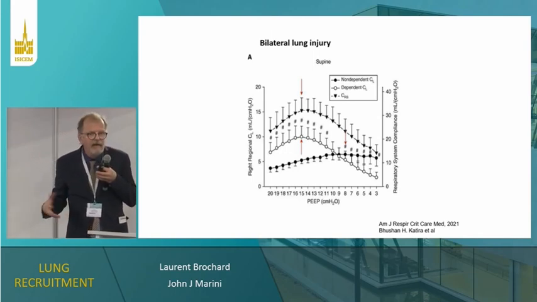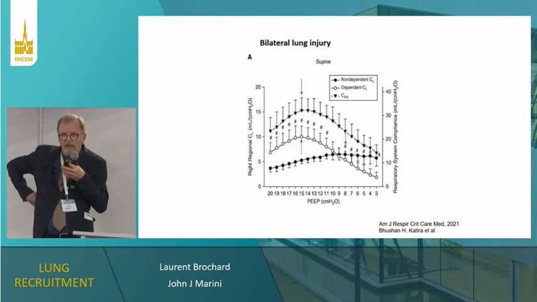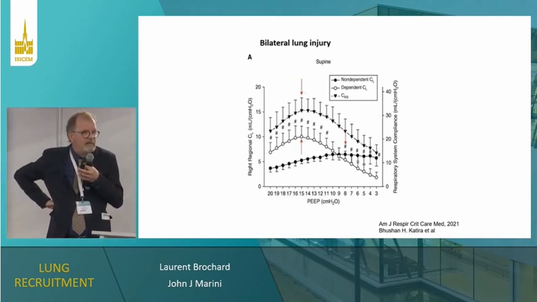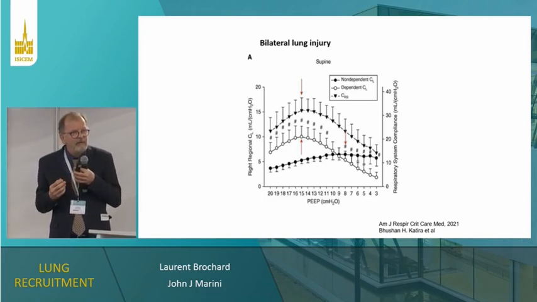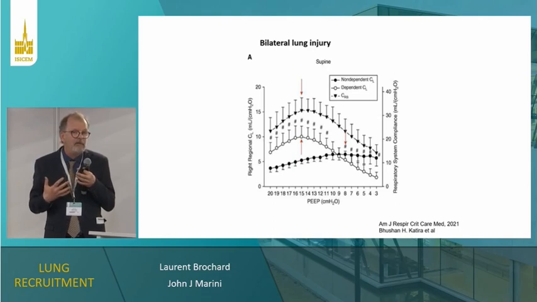Okay? And this is fascinating because for the dependent part, so the back of the lung where you see most of the atelectasis, you indeed need 16. But for the non-dependent part, you need only 8. Every time you go above 8, you start to hyperinflate the lung.